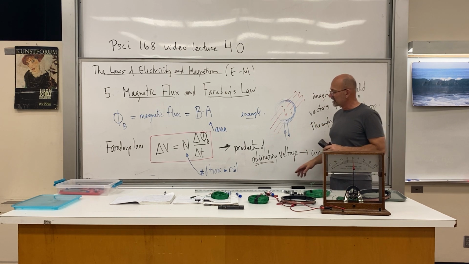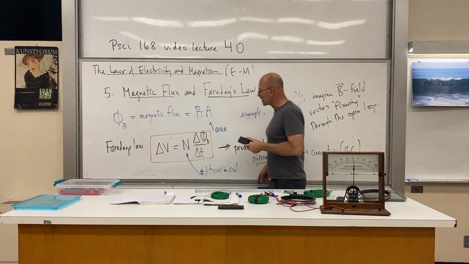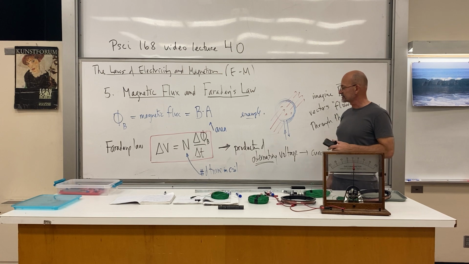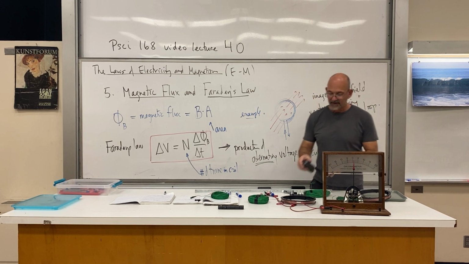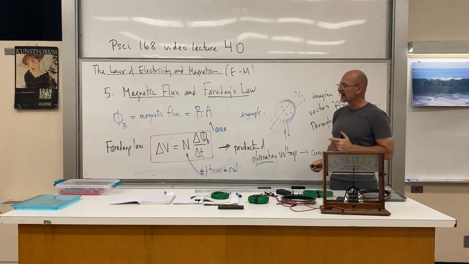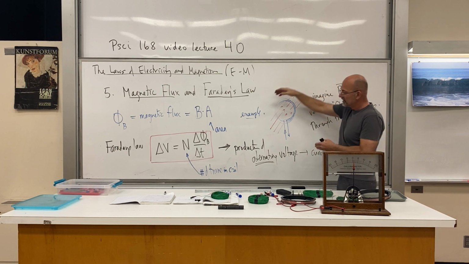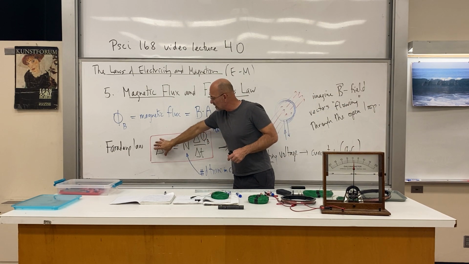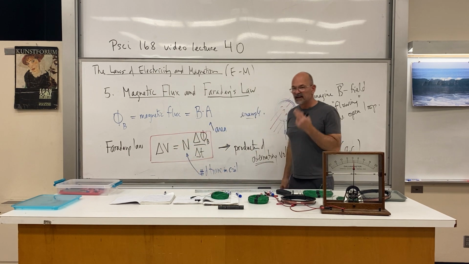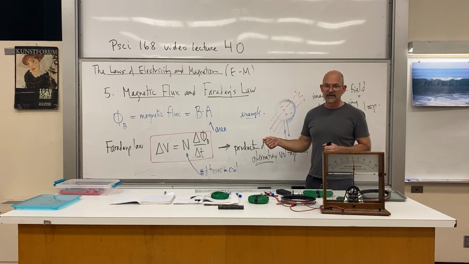Now here's the thing. If I want to hook this up to some 1,000-watt motor, where's the 1,000 watts coming from? I'm turning this handle. It doesn't seem like it's hard for me to spin this loop, and this is what we really have to experience together, and we're not. When you crank the handle of a generator, which is just this idea, and it produces that voltage and you hook it up to a device, the instant you turn that device on, you feel a strong resistance.